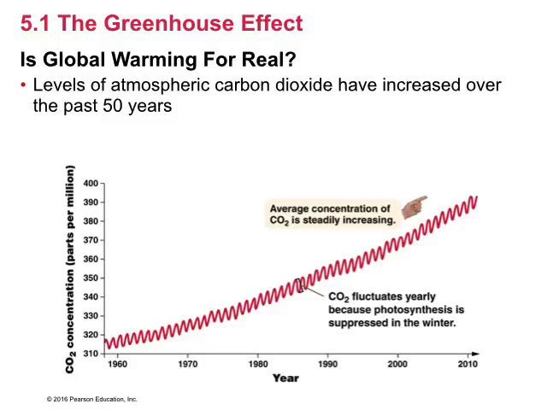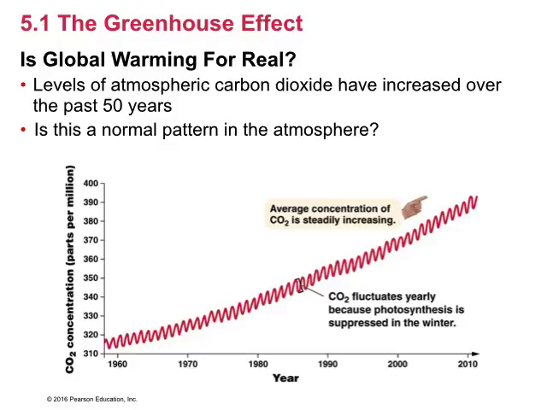So from 1960 to 2010, it's risen pretty steadily. And you can see that it fluctuates. You have these little dips and raises, and that's simply because of seasons. So during the winter, photosynthesis is suppressed and plants aren't absorbing as much CO2, so there's a little spike. And then in the summer, plants come back to life and absorb CO2, and then there's a dip, and so on and so forth. But the average concentration is steadily increasing.